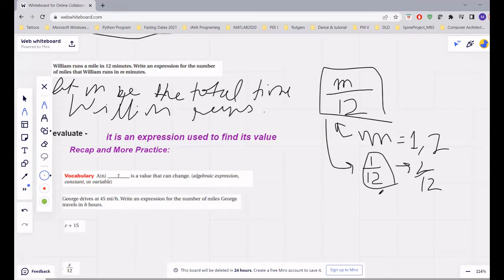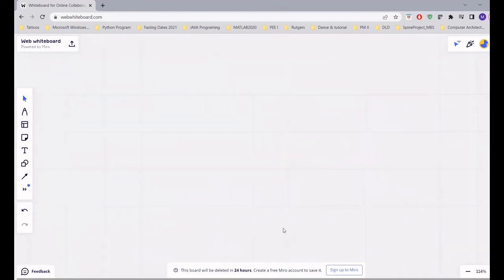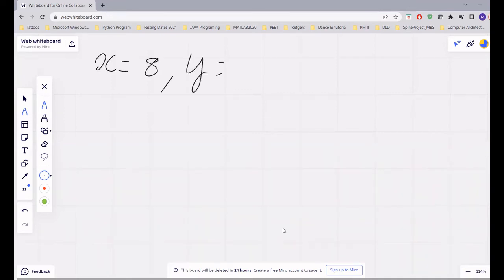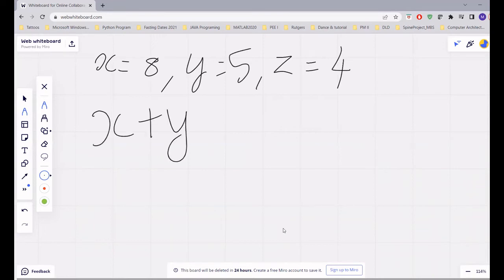Okay. Let's do another example on evaluating algebraic expressions. Let's say x is 8, y is 5, and z is 4. x plus y.